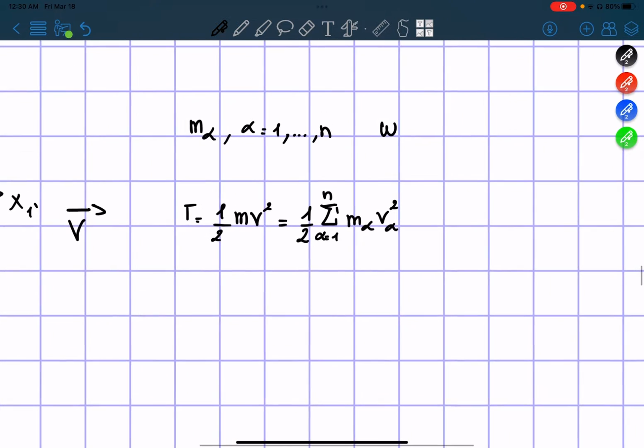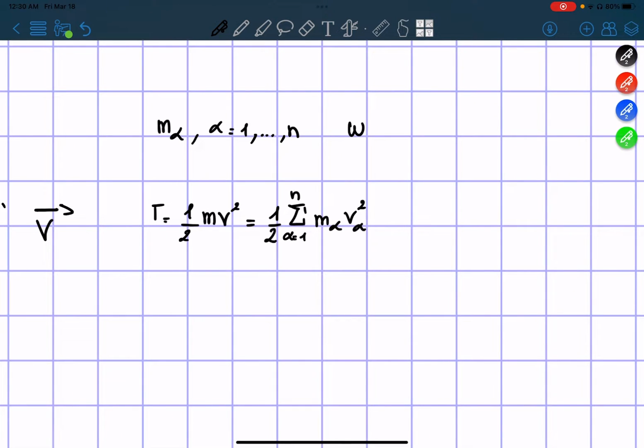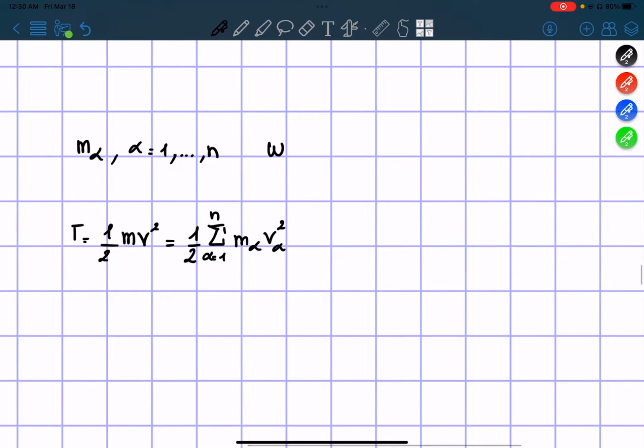And since we have a rotating system, v is equal to w cross r, so v alpha is going to be w cross r alpha, and we can substitute it inside our equation. We get 1/2 the sum of the particles from 1 to n, m alpha, and then w cross r alpha squared. Now, as you can see, I'm going a little bit different from what the book is doing, and I'll show you why at the end.